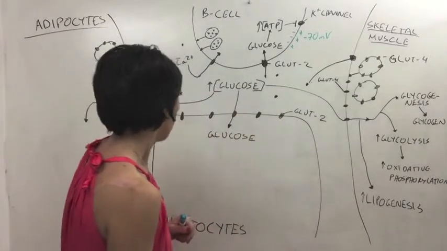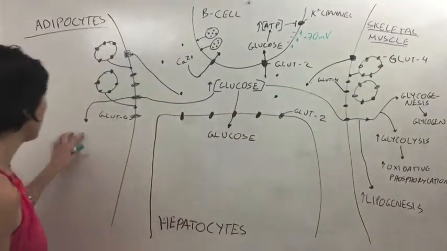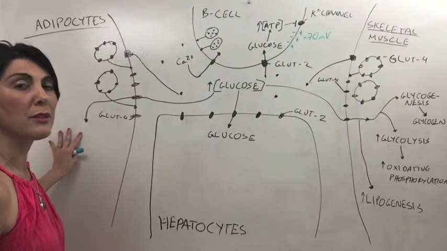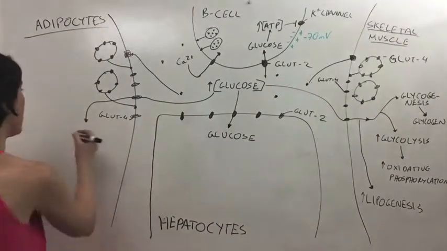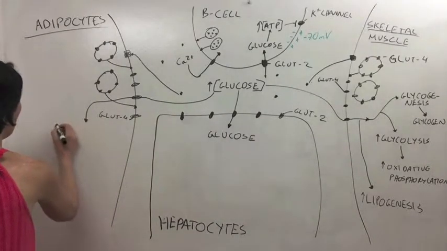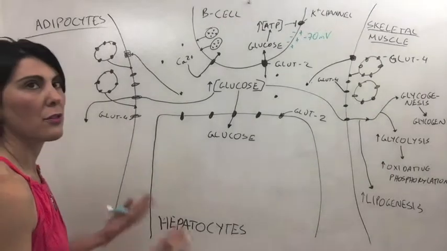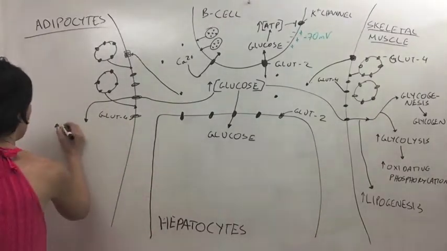Okay. In the fat cells, the main way in which glucose is going to be stored is through lipogenesis. So you get an increase in lipogenesis, which is the generation of fat.